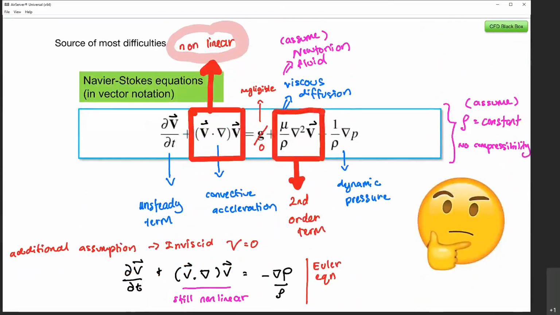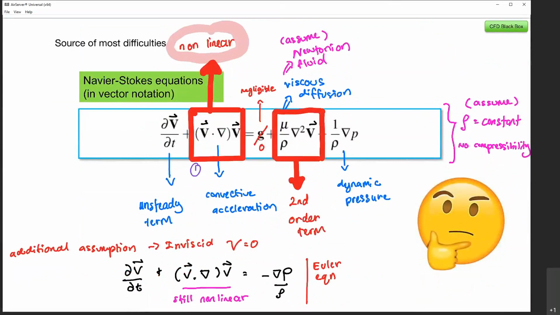All right. If you look in more detail at what the terms refer to, the first red box here refers to the non-linearity of the equations, which is the source of most problems.